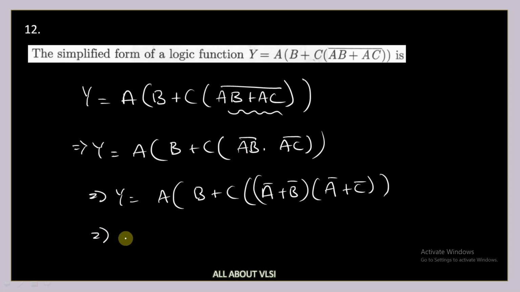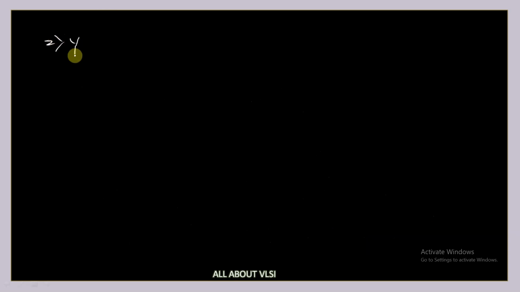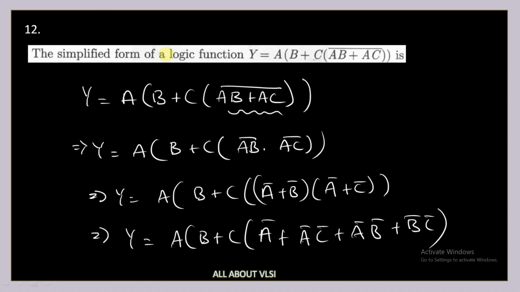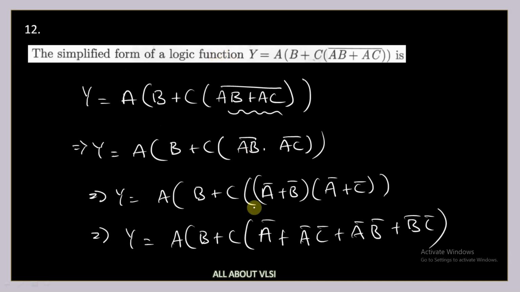Okay. And this is Y = a(b + c(a̅ + b̅)(a̅ + c̅)). If I multiply these two terms, then I will get a̅ + a̅c̅ + a̅b̅ + b̅c̅. Now, a̅ + a̅c̅ can be written as a̅.